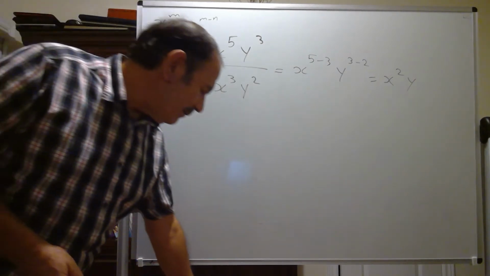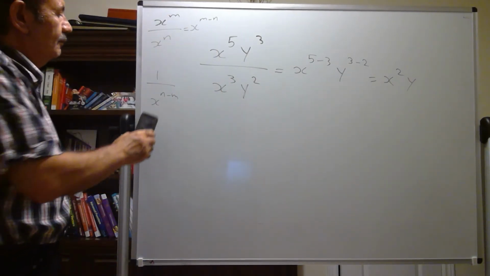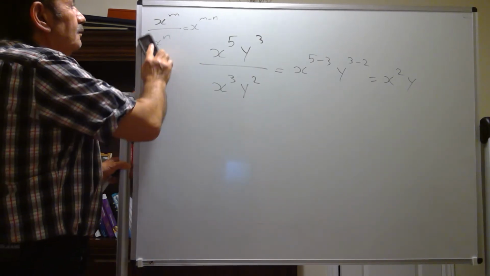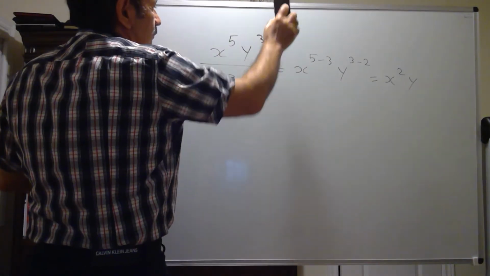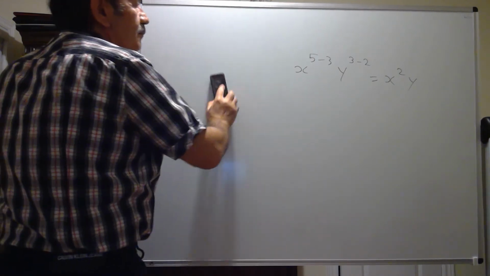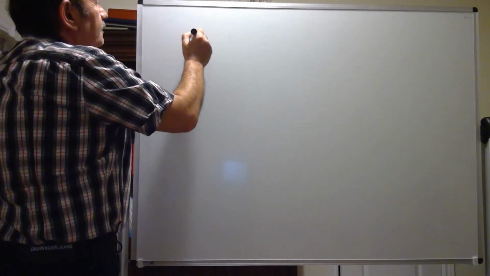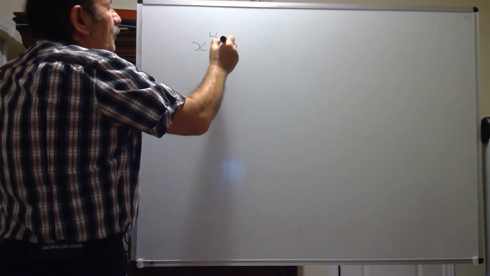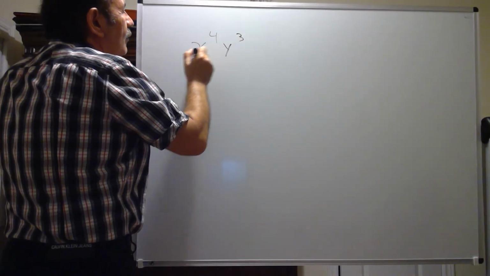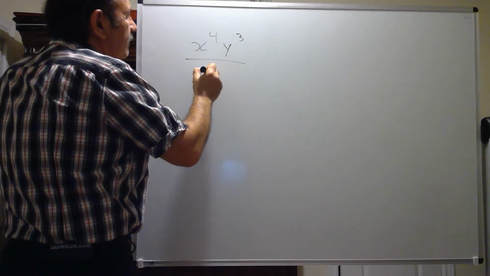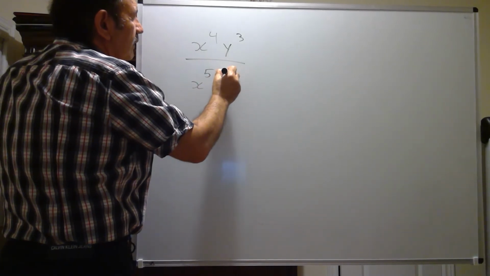Let's do another example. X to the power of 4, y to the power of 3 over x to the power of 5, y to the power of 2.